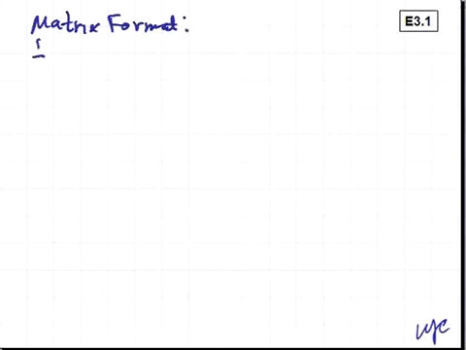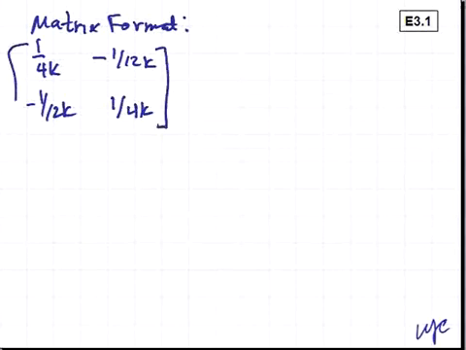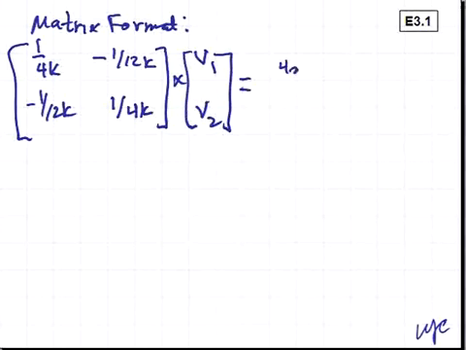Now if we write these two equations in the matrix format, we have 1 over 4K, minus 1 over 12K, minus 1 over 12K and 1 over 4K, times the voltage matrix V1 and V2, is equal to 4 milliamps, minus 2 milliamps.